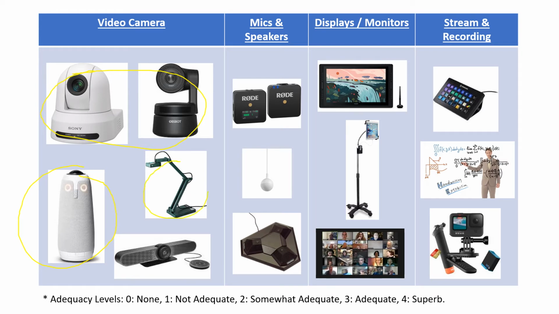This is an overhead document camera. And then moving on to audio, this is a microphone that the instructor would wear. And then this would be a microphone that's on the ceiling, or you could have a microphone on the student's desk.